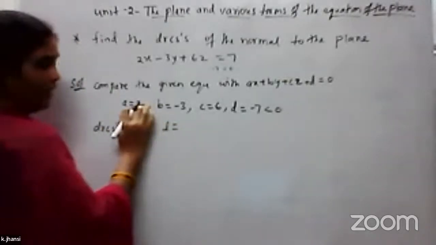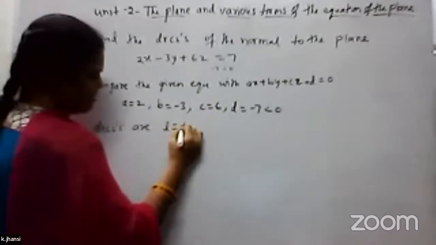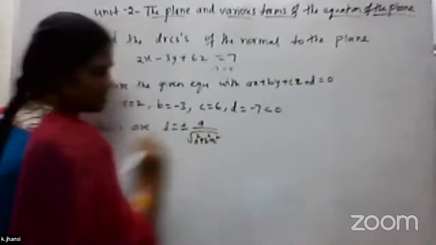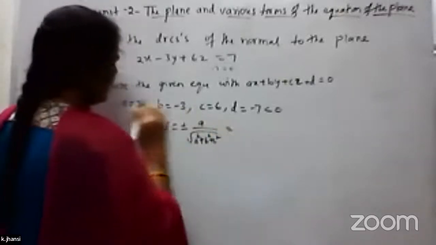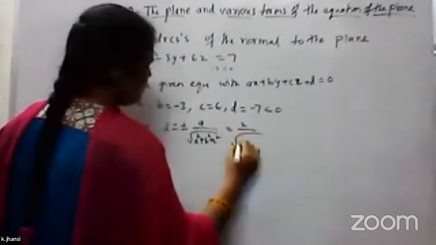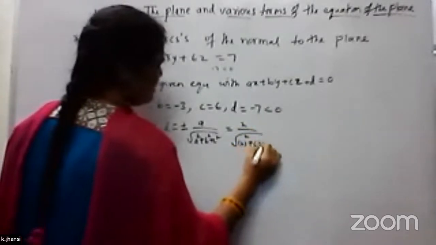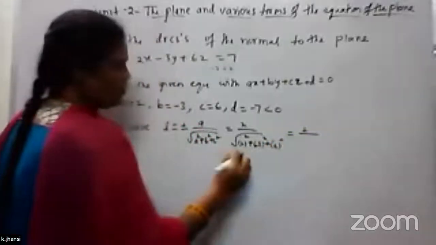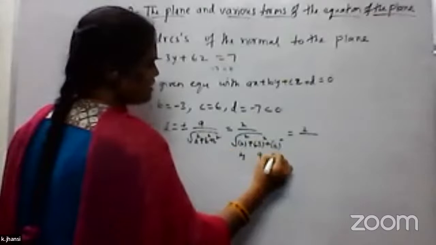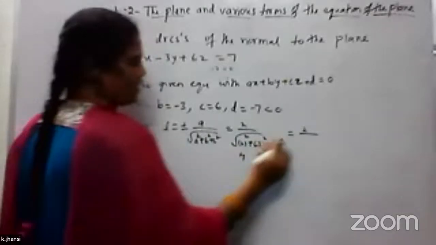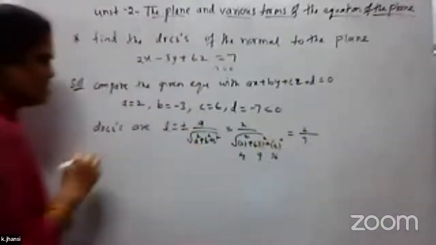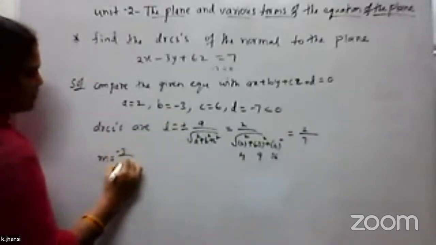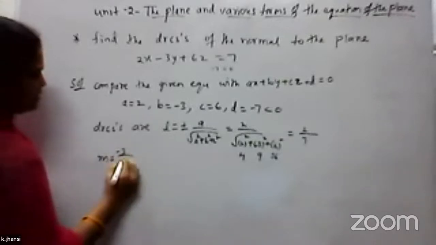Direction cosines are l equals a by root of a square plus b square plus c square, we have the formula, plus or minus. So we have here a is 2, by root of 2 squared plus minus 3 squared plus 6 squared. This is 4, this is 9 and this is 36. So 36 plus 4 is 40, plus 9 is 49, which means you will get 7. Similarly, m equals minus 3 by 7.